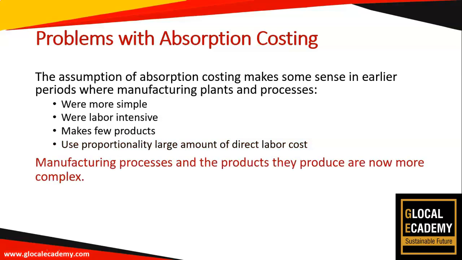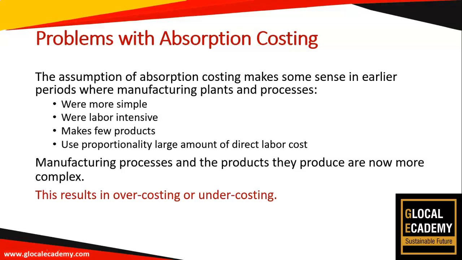What we found is that today's business environment has changed, and nowadays manufacturing processes and the products companies are making are far more complex than in the past. What that effectively resulted in is that absorption costing results in inaccurate costing.